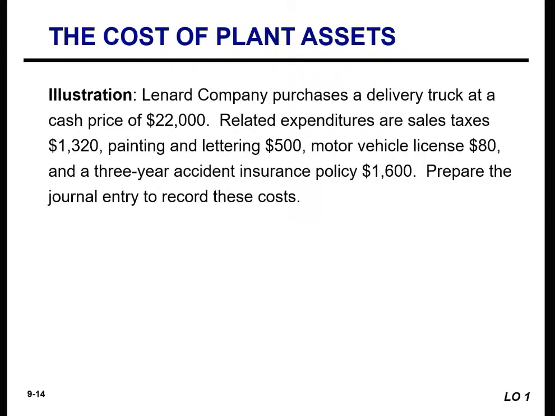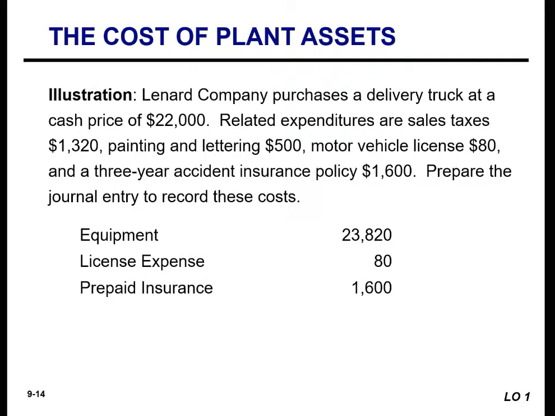We have $23,820 to the equipment. We have our license expense of $80. We have our prepaid insurance because it's going to cover 3 years. We'd allocate that as it's consumed, for total cash payouts of $25,500.